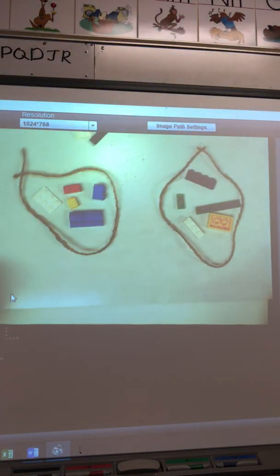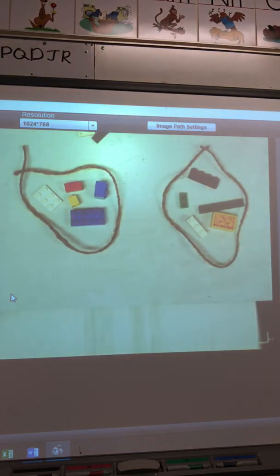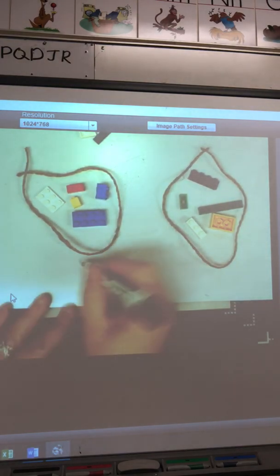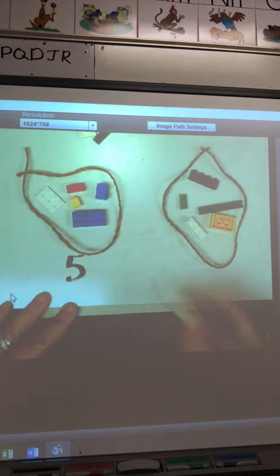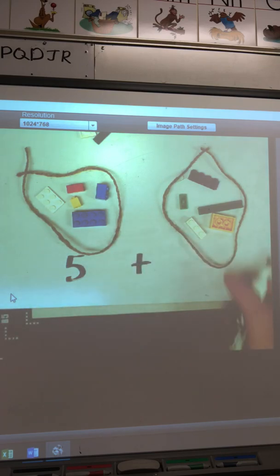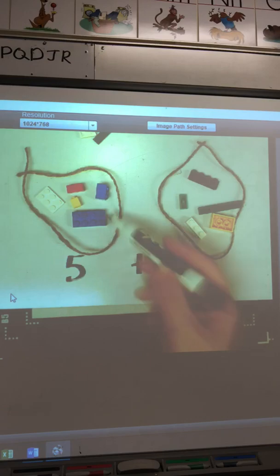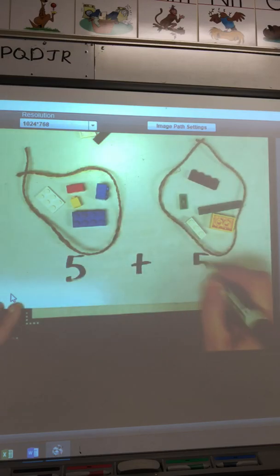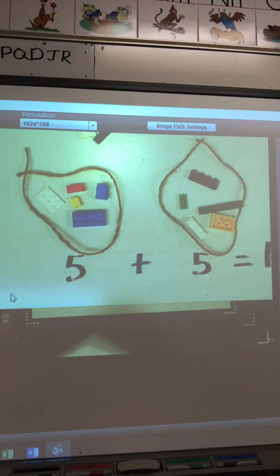This is how many are in that group. Well, there's 5, and I want to add them together because this is repeated addition, doing the same thing over and over again. 5 plus 5, and that is going to give me 10 because I know my math facts.